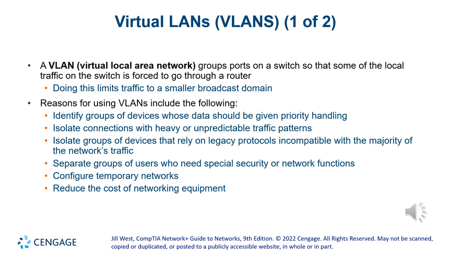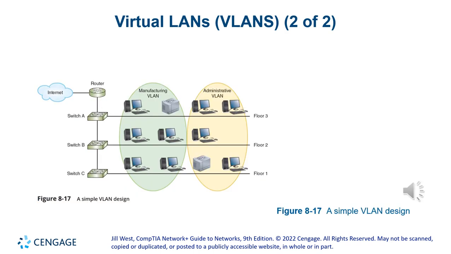And you can configure temporary networks like that and reduce the cost, because the only other way to have the salespeople from the first floor move to the second floor would be for me to put another switch just for the salespeople on the second floor. But if they're just like 8 clients and I've got a 48 port switch or even a 24 port switch, I'm going to put a whole 24 port switch just for 8 clients. It's not economical. So VLANs help you to do that, the virtual LANs. I'll show you how.